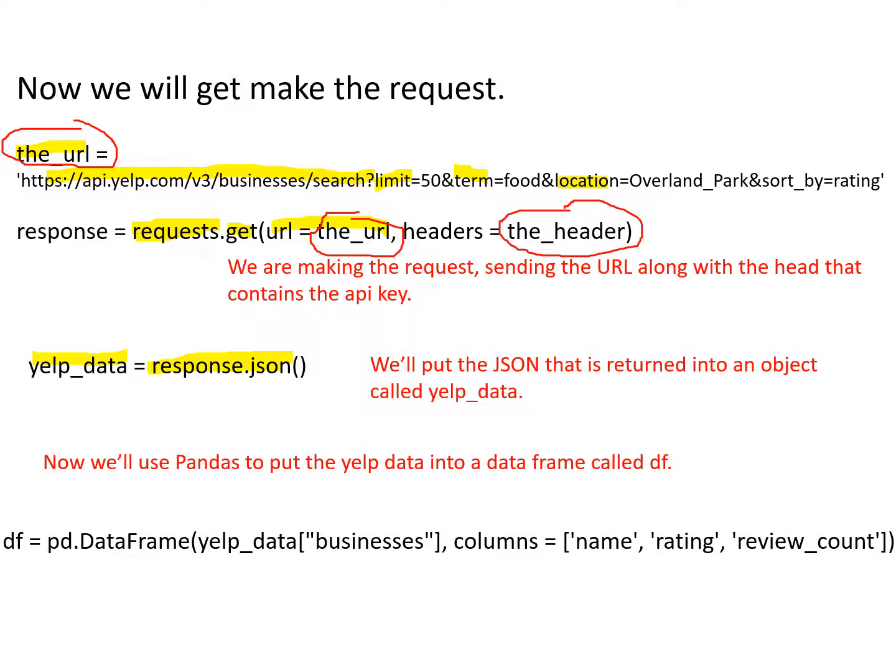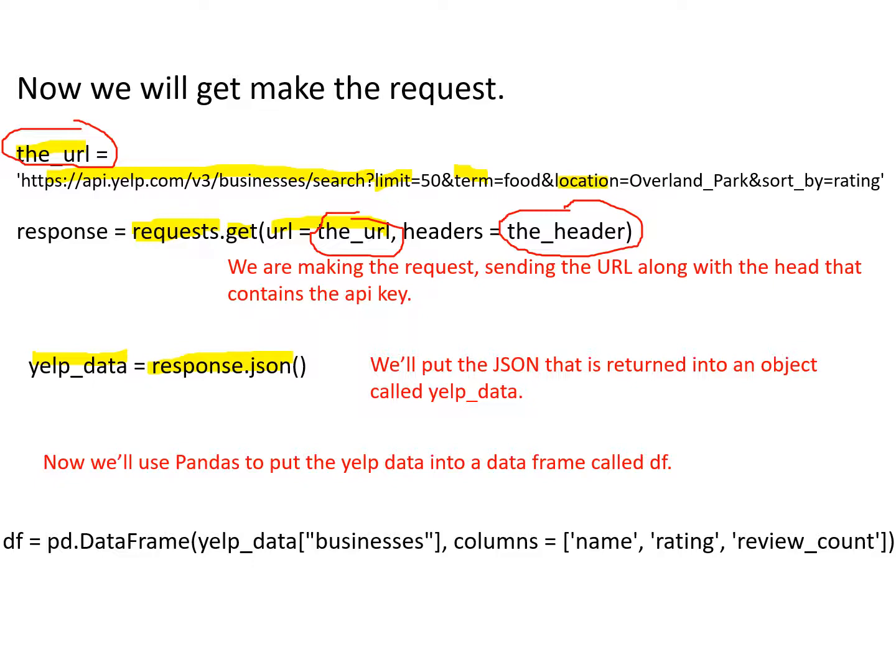We use requests.get, and then response.json, so that whatever response we get is put into JSON, and in this case we're calling it Yelp data. So we're going to put the JSON that's returned into an object called Yelp data.